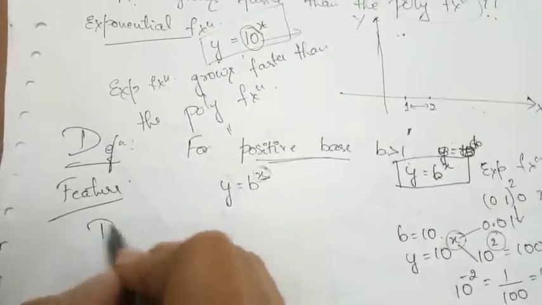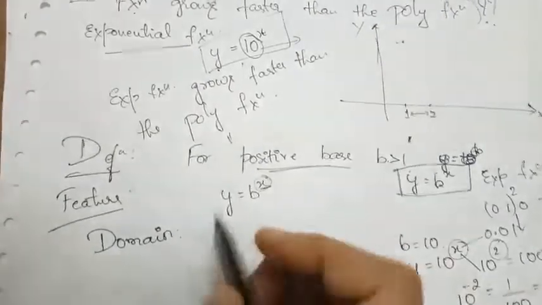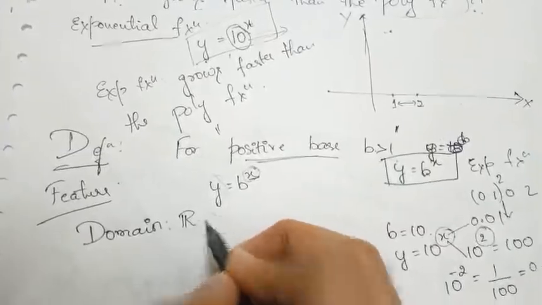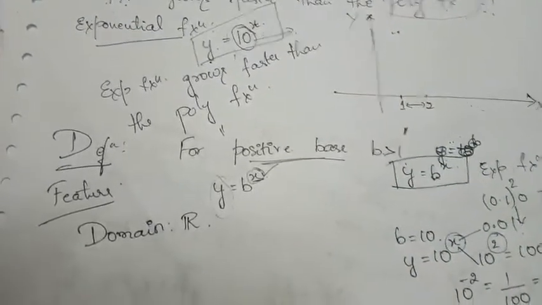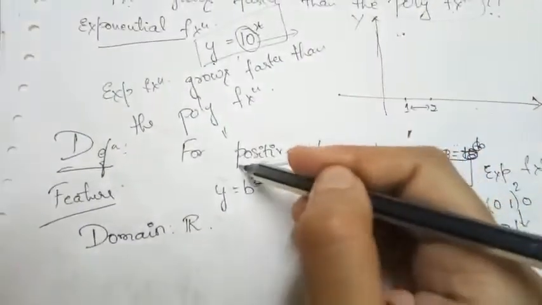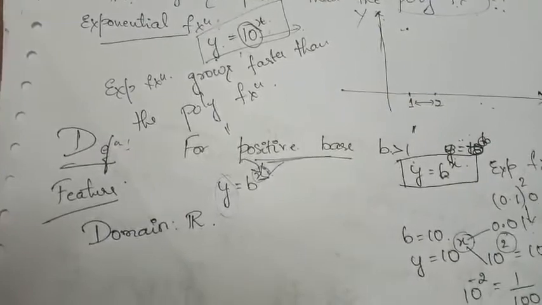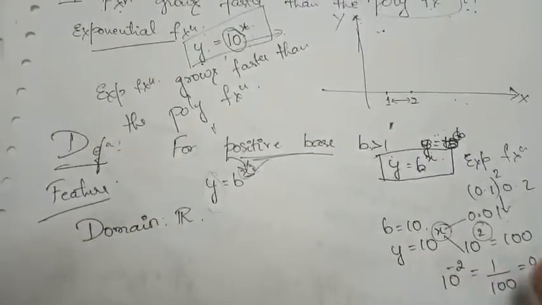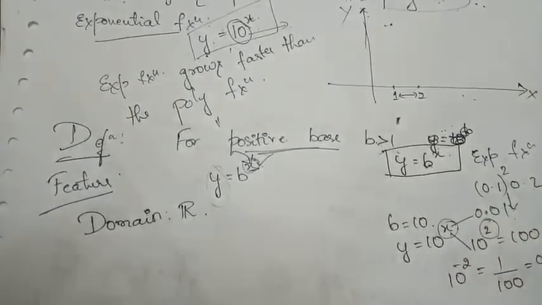So clearly the domain of this function is the set of real numbers, because whatever values can be inputted, that is nothing but the domain, right? We are inputting to x here, so x can take any real number. It might be positive or it might be negative.